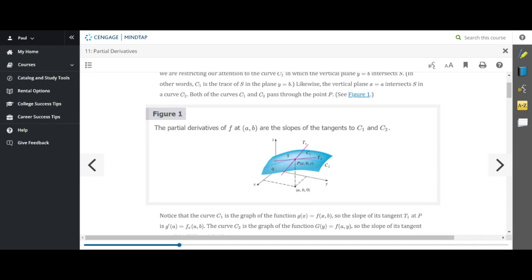That's your partial derivative of f with respect to x. The tangent line T2 has a slope with respect to the y-axis, and that slope is the partial derivative of f with respect to y. Okay, so that's essentially geometrically what these partial derivatives represent. I think that's hopefully helpful.